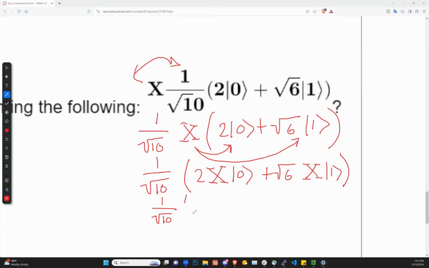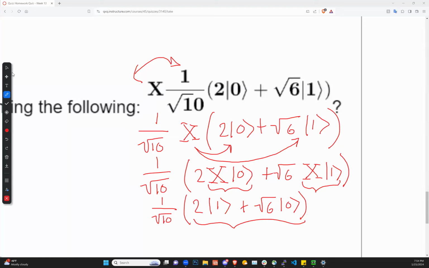So 1 over the square root of 10, 2, applying the x gate to the 0 state gives us the 1 state plus the square root of 6, and applying the x gate to the 1 state gives us the 0 state. So we're just using what we know about the x gate. And this is our answer here.